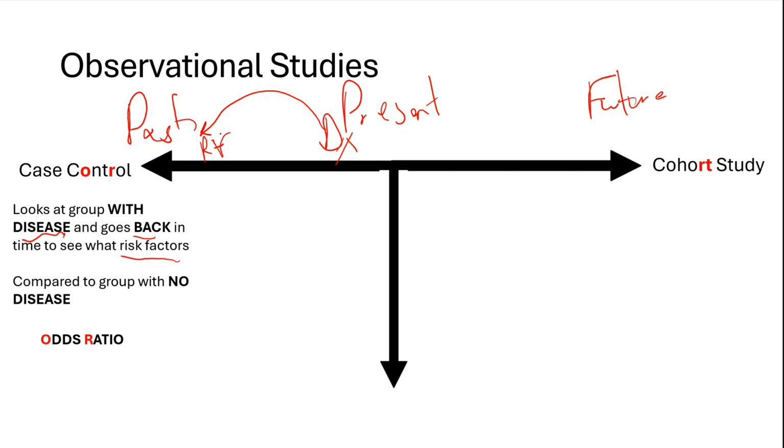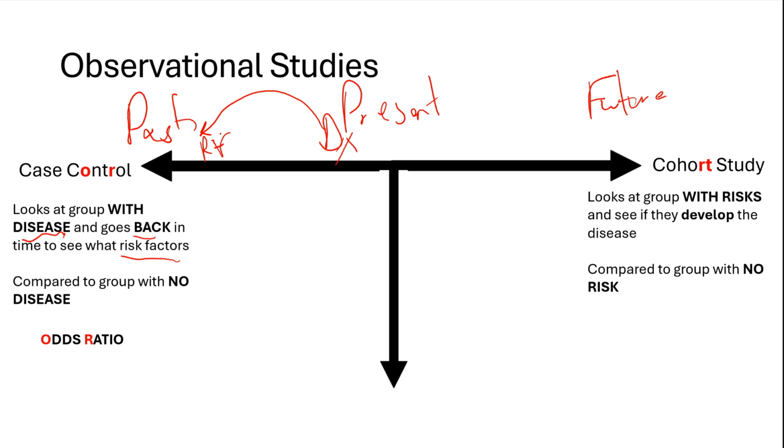What does this do? Now, similar to case control studies, cohort studies also have a cohort group, which compares to a placebo or a control group. Differently than case control studies, though, this group looks at a group of people with certain risks and sees if they develop the disease.